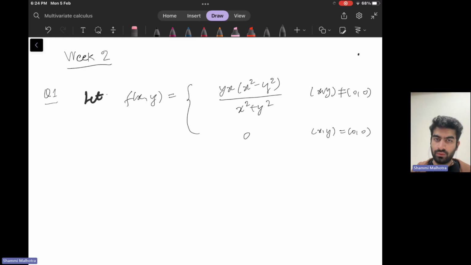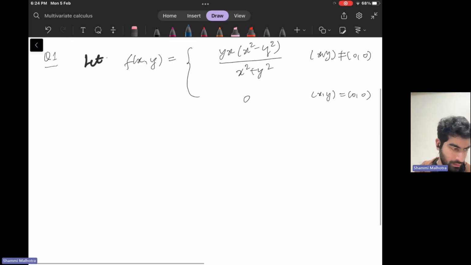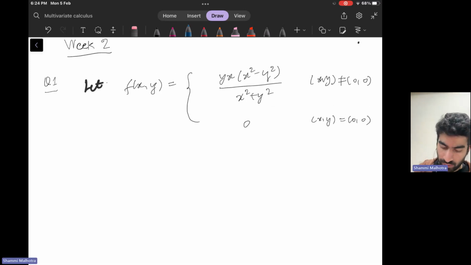What would we like to find? We would like to find the second partial derivative with respect to x and x at the point (0, 0).